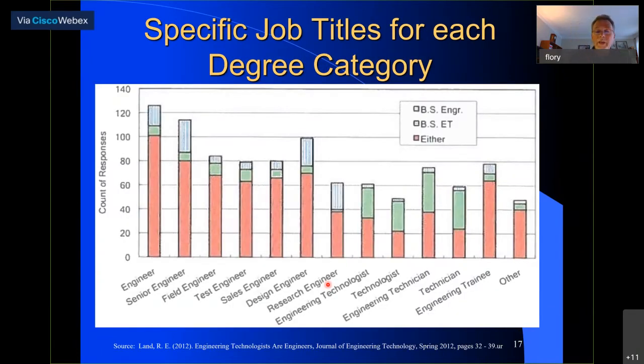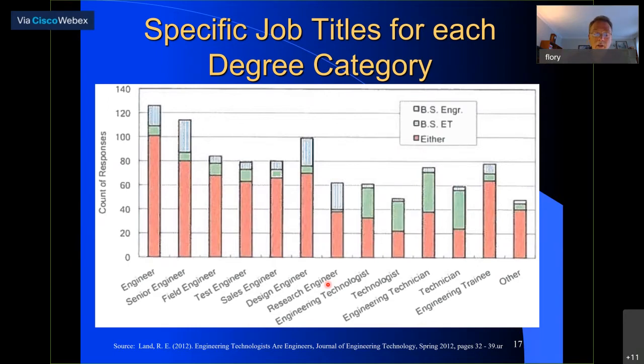So, what type of title can an engineering technologist expect when they're out in their careers, and during their careers? Well, this was from a study now 8 years old, performed by a gentleman by the name of Ron Land, and it's basically the results of a very large survey that had been deployed regarding where engineering technologists fit in to the workplace.